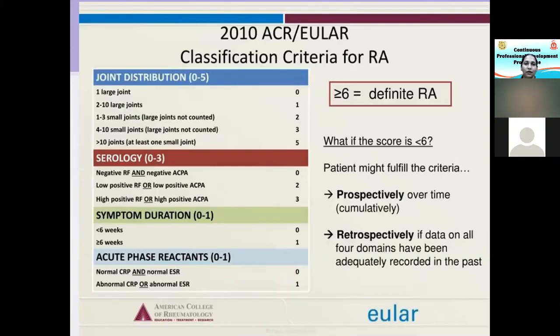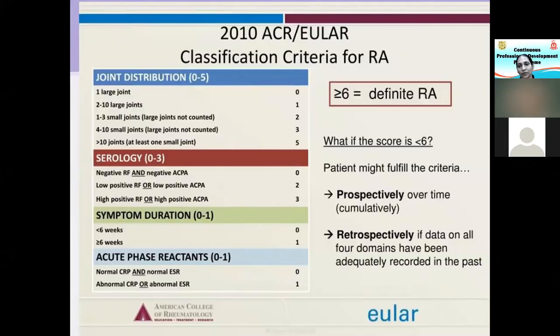Serology is important, the rheumatoid factor and the anti-citrullinated peptide antibodies. So negative will not score any marks, low positives will score a lower mark, and if it is high positive will score higher marks. So this shows the importance of requesting a rheumatoid factor titer.